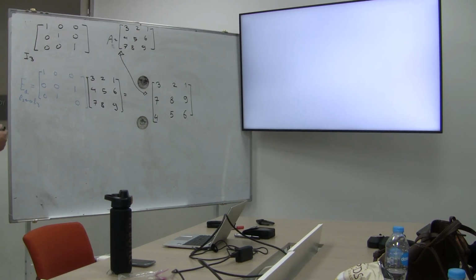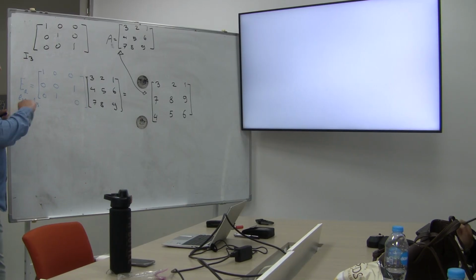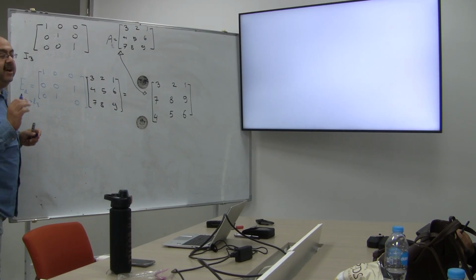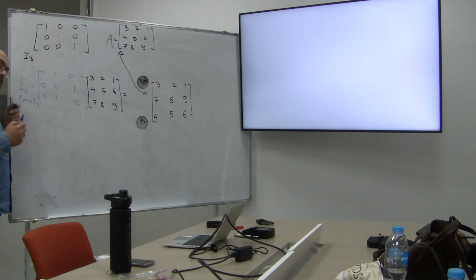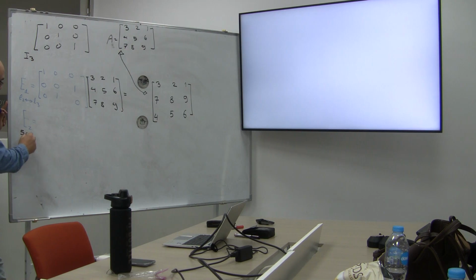Now look, if I wanted to multiply the first row by 5, how do I do it using the unit matrix? This is going to be E2, or process number 2, which is multiplying a certain row by a constant. All I have to do is consider the unit matrix. Here I need to multiply L1, the first row, by 5.